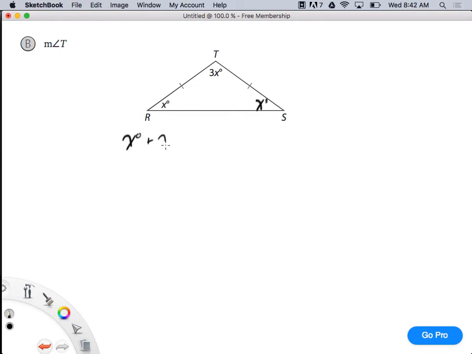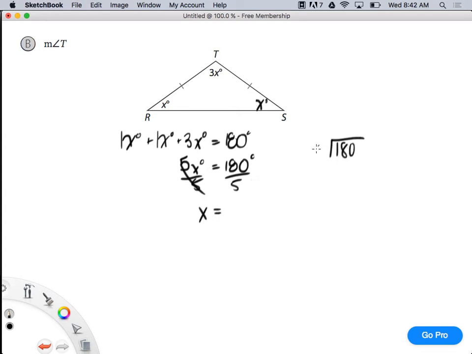X degrees plus 3x degrees equals 180. And if this is confusing, you can put a 1 in front of both of these. 1 plus 1 is 2, plus 3 is 5. So that becomes 5x degrees equals 180. Divide by 5. And we get x is just equal to 180 divided by 5.